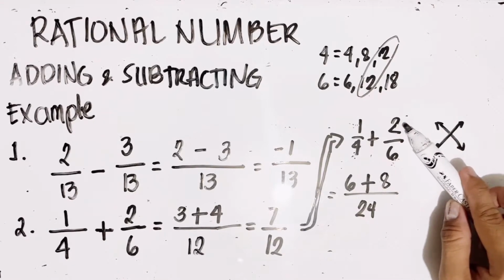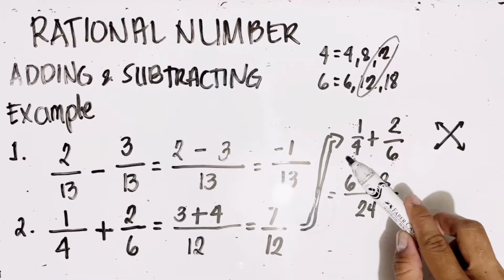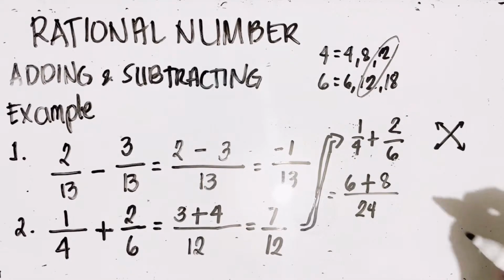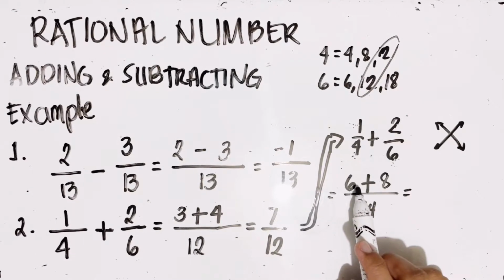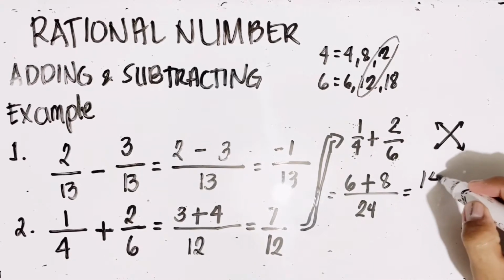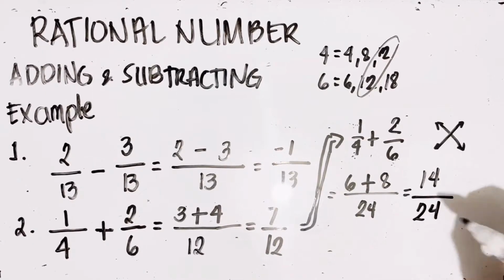The numerator multiplied by the other denominator of the fraction. So 2 times 4 is 8. Perform the operation on the numerator. 6 plus 8 is 14. Copy the denominator 24.